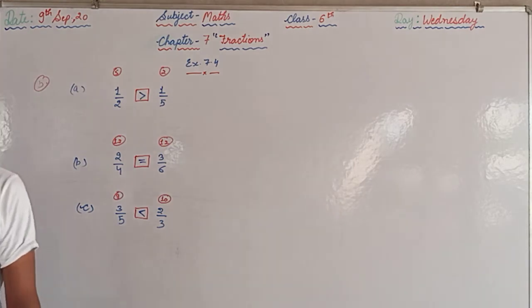So like this, by the method of cross multiplying, we multiply the numerator of one fraction with the denominator of the second fraction and see which number is greater after multiplying. After question number 5 we proceed to question number 6 as well.